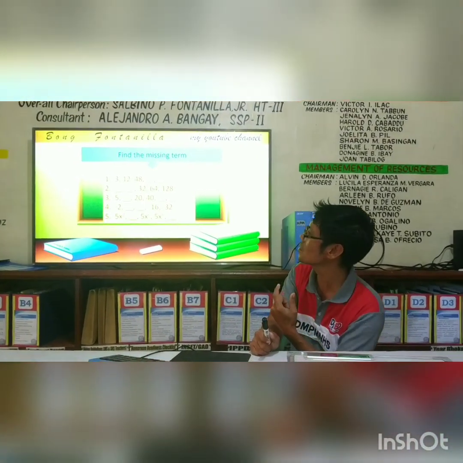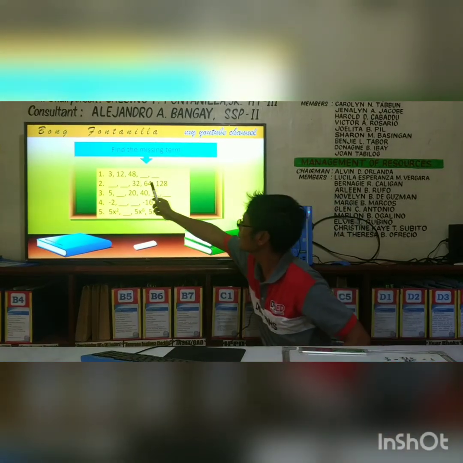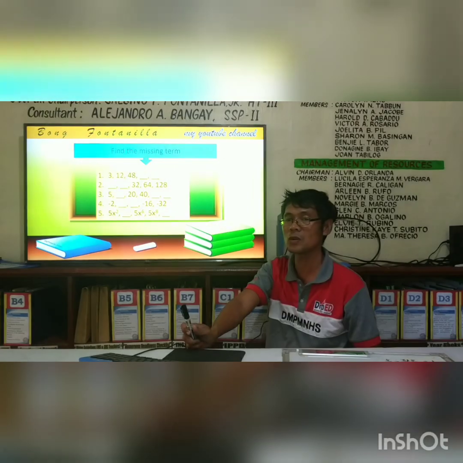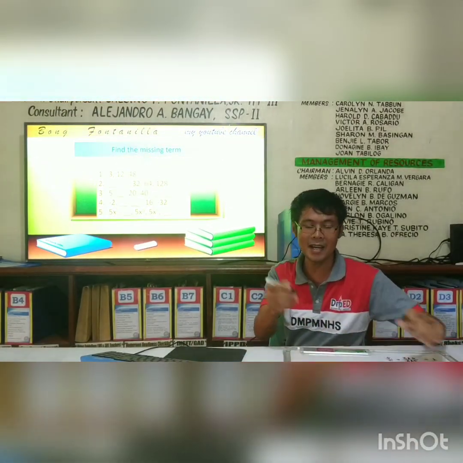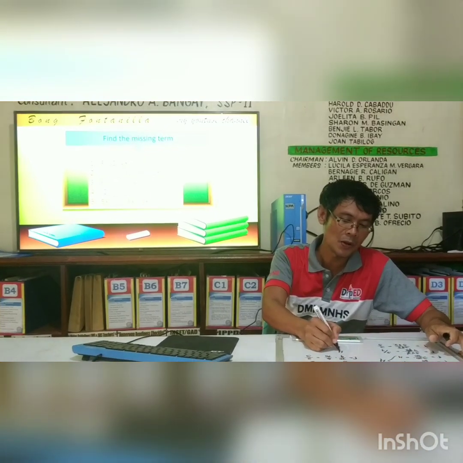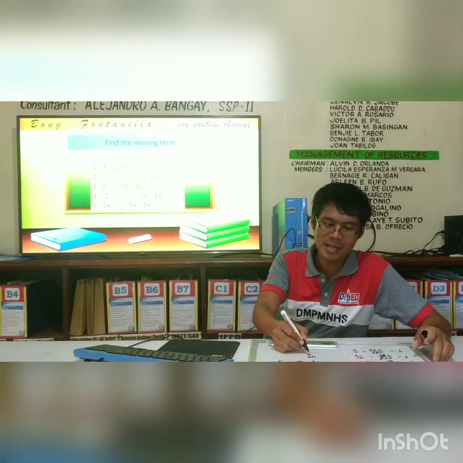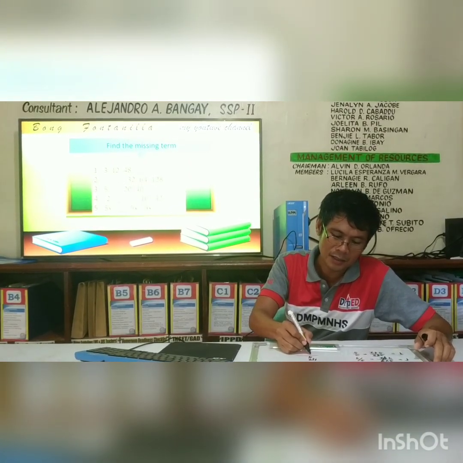And our common ratio there is 4. So therefore, to get itong pang-apat or h sub 4, since our common ratio is 4, we will simply multiply 48 by 4. So 48 times 4, we will be getting 4 times 8, that is 32.